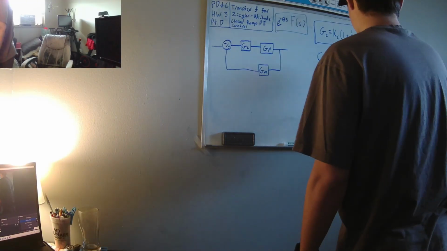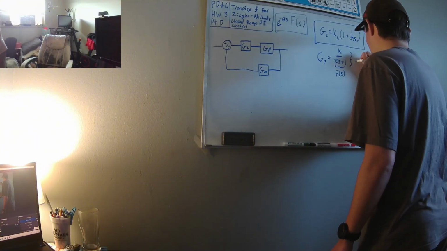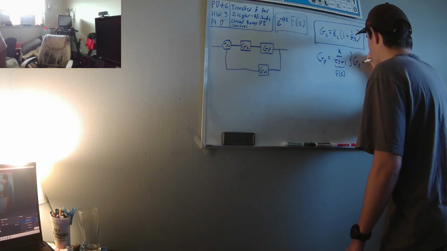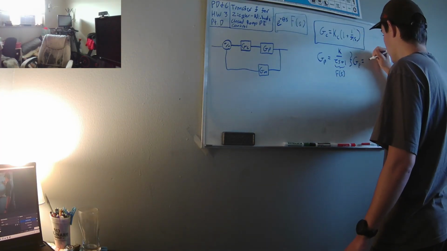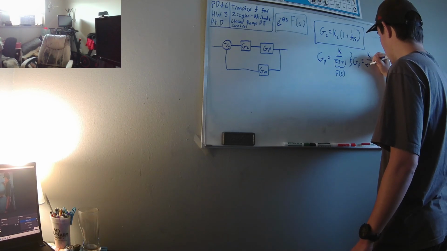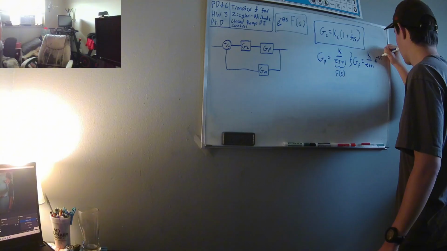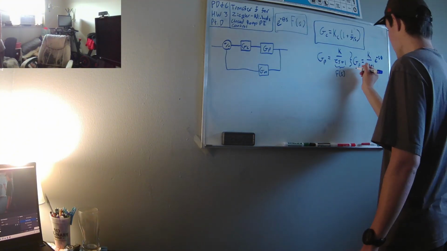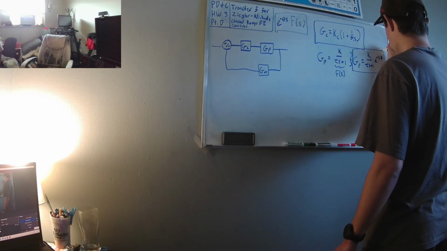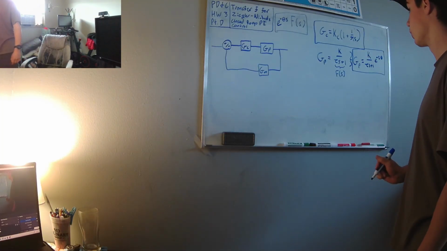So we can simply multiply this by e to the s theta, and say GP is going to equal, for this controller, K over tau s plus 1 times e to the minus s theta. And that is going to be our function for our process on our proportional integral closed loop.